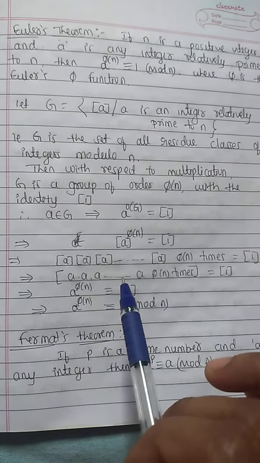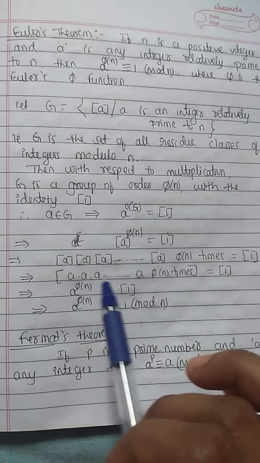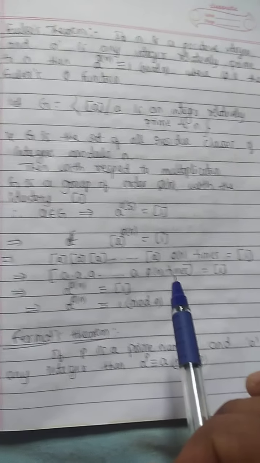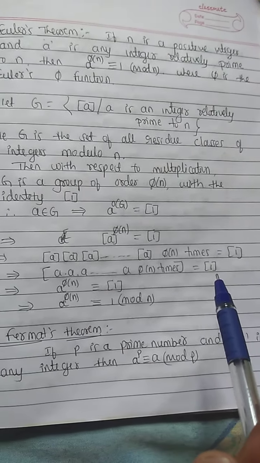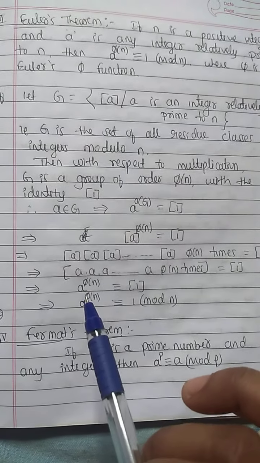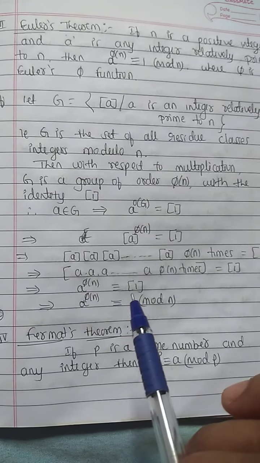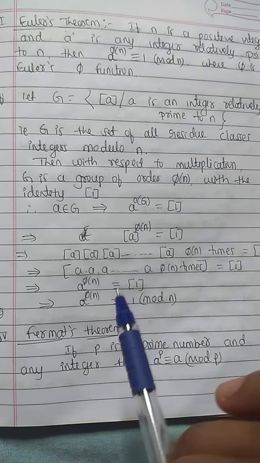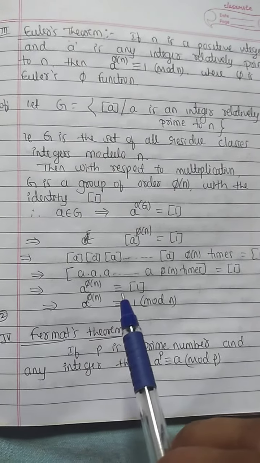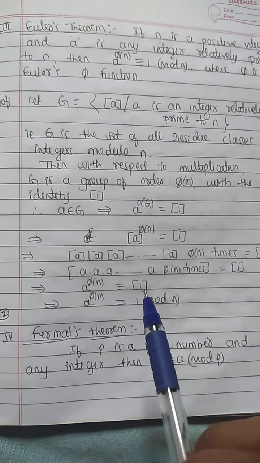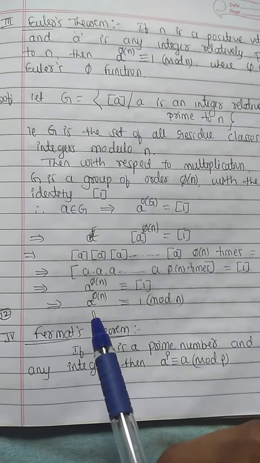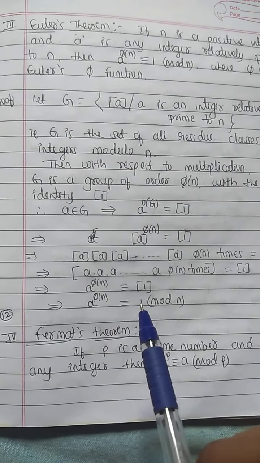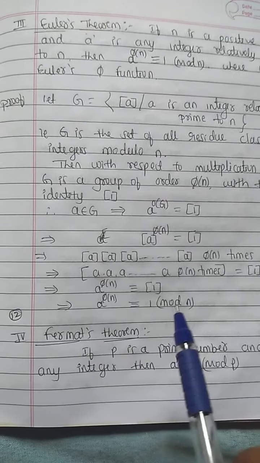This is a into a into a up to phi of n times, and the residue class of a into a into a up to phi of n times equals residue class [1]. That is, a power phi of n is congruent to 1 mod n.